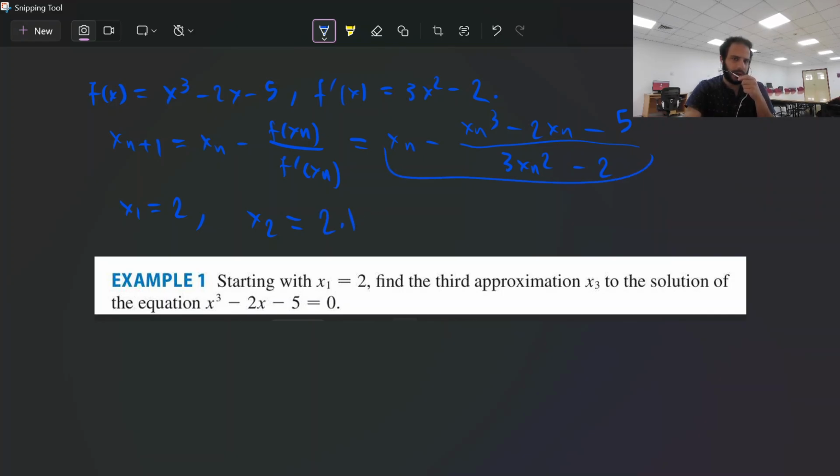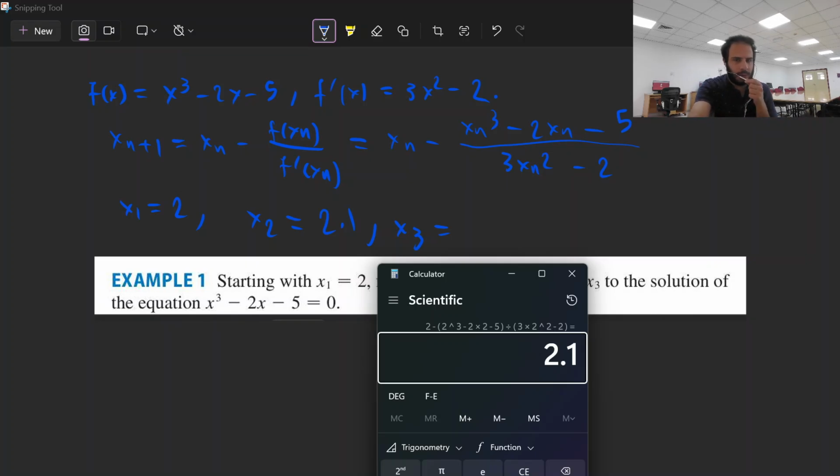So you apply the formula without writing here x2, without writing x1 minus x1 cubed minus. You write it once like this, then you apply using your calculator. This one tells you to find x3, so let's find x3 now. When you use your calculator, you don't keep writing 2.1 now when you want to find x3. I click Control C and Control V, okay?